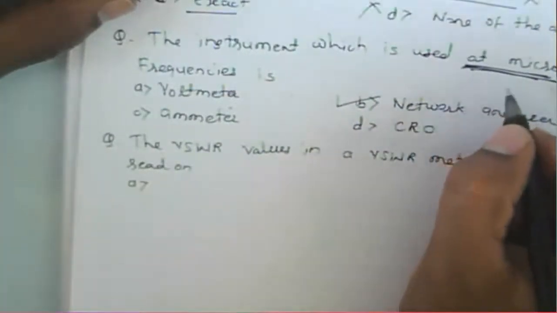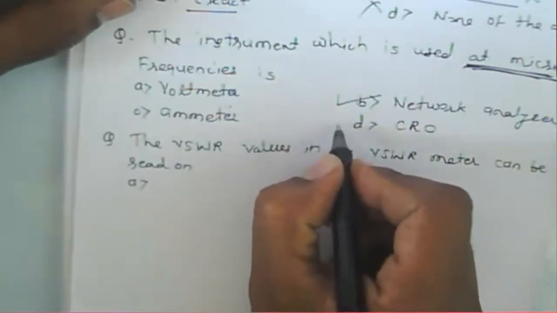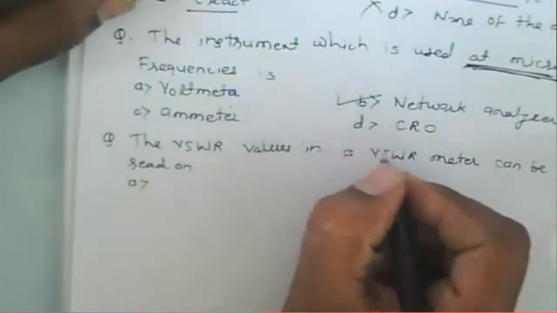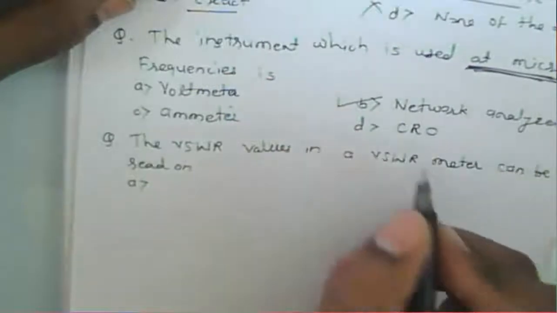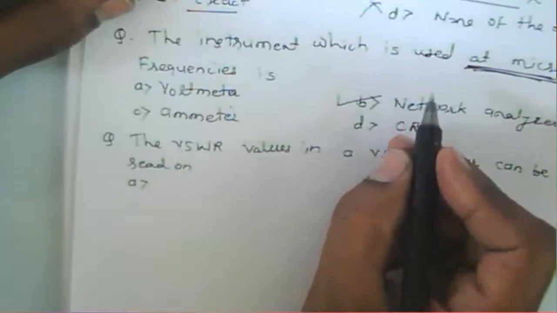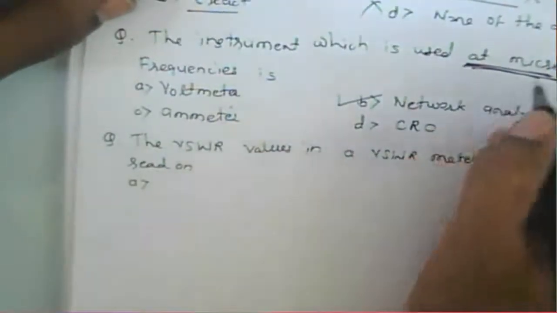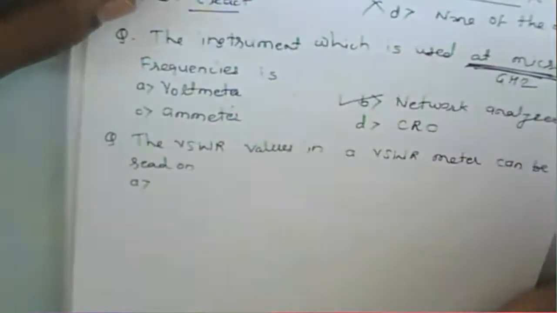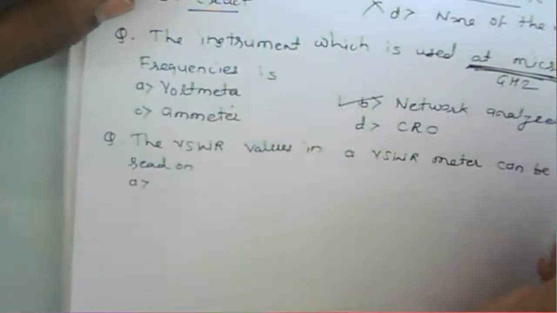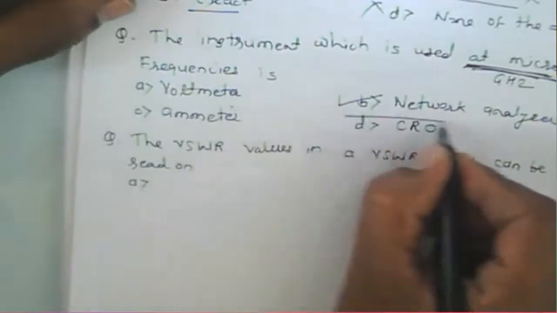We use a CRO for detecting the demodulated signal, because we are modulating the signal. The transmitted signal is at a micro frequency, in gigahertz, and the modulating signal is of kilohertz or megahertz, so it can be seen on the CRO.